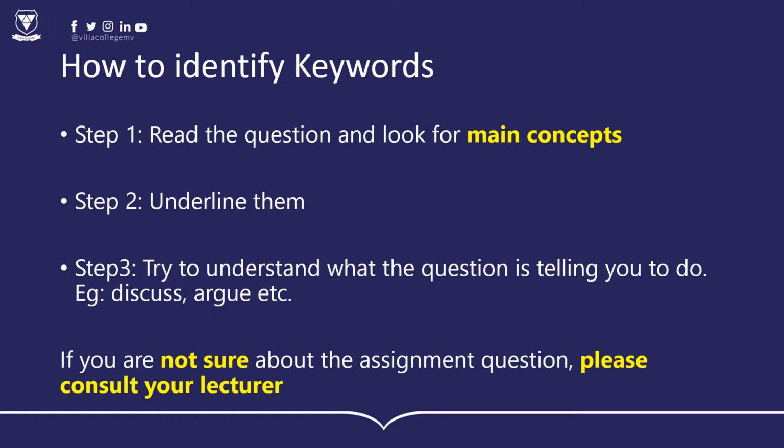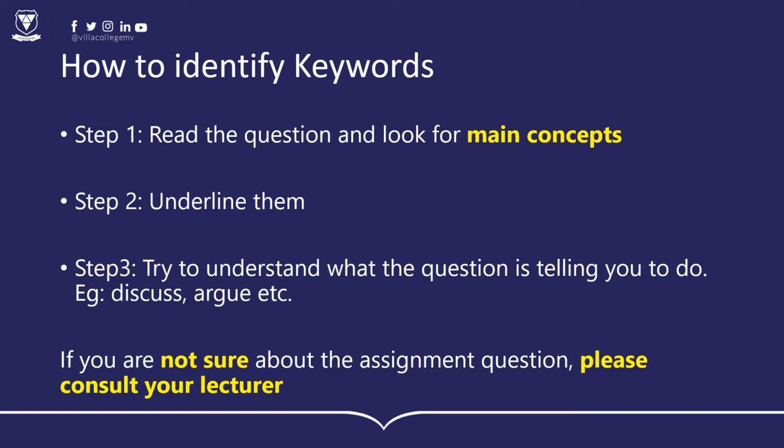Any assignment question can be broken down into parts to understand what you are asked to do. To do this, you need to identify keywords or phrases or the main concepts of the assignment question. There are 3 steps to follow to identify keywords in your assignment question.